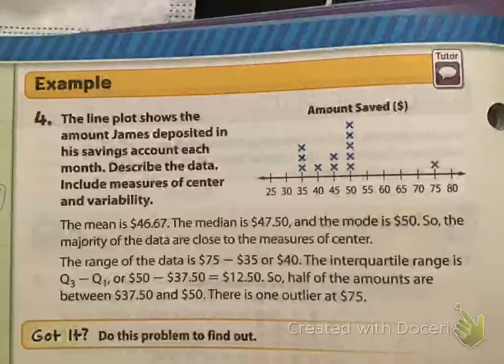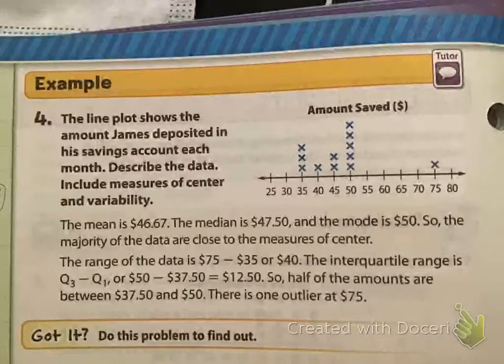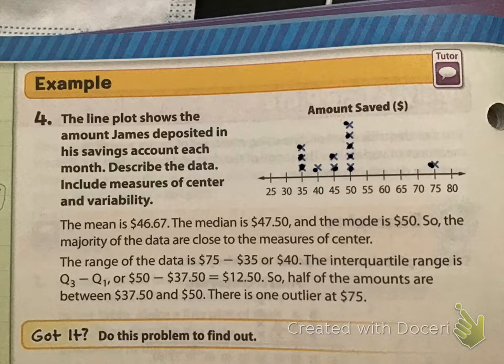So 35, 3 times. 40, 1 time. 45, 2 times. 55 times, and 75. So we add all of those up and divide by the number. 1, 2, 3, 4, 5, 6, 7, 8, 9, 10, 11, 12. So what we found there is that it was 12. We divided by 12.